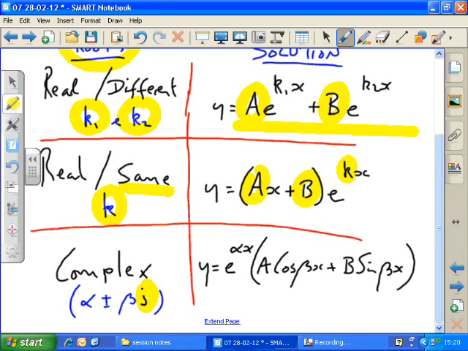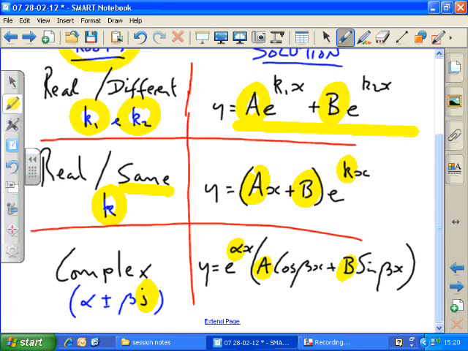And then finally, we've got the complex roots. And here we have y equals e to the alpha x, where alpha is the real part of the solution. And then brackets a, so again we've got these two constants a and b, but now we've got some trigonometric function involved.